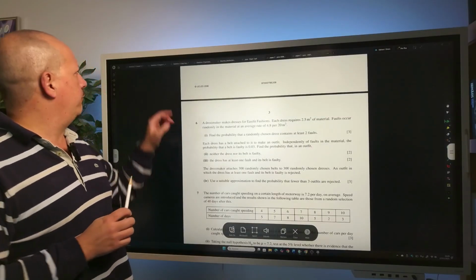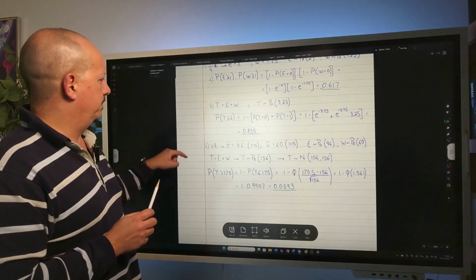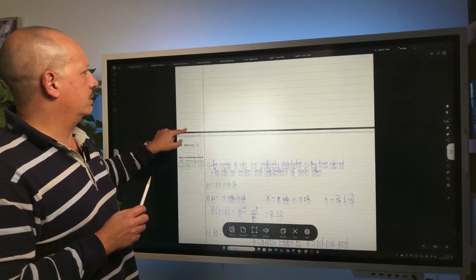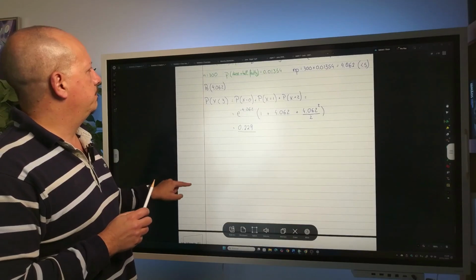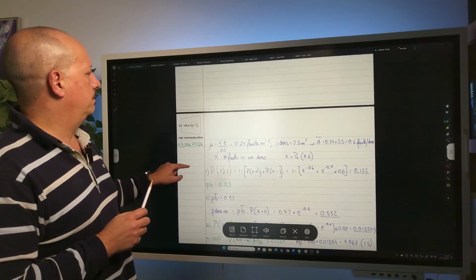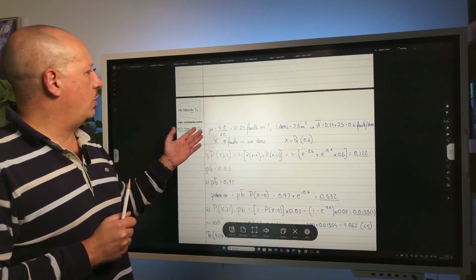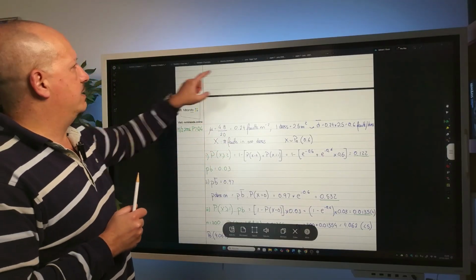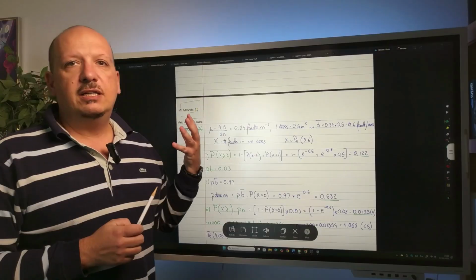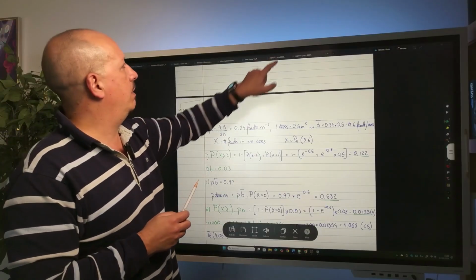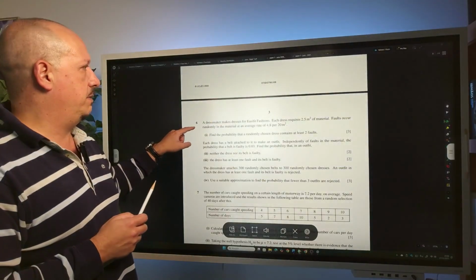Okay, so what information are you given? As usual, I already expressed everything that is numerical over here. You have an average of 4.8 faults for every 20 square meters of material.